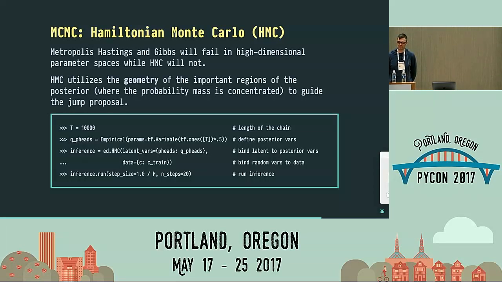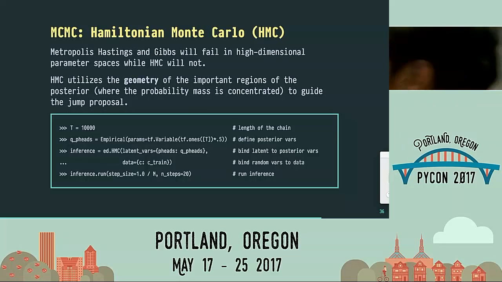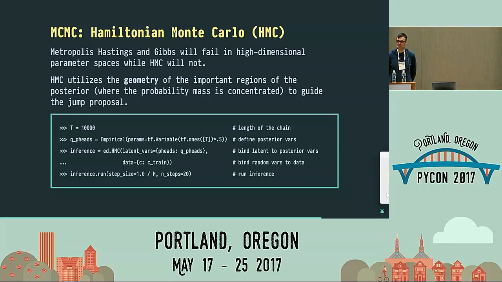One thing I told you before is that Edward very much places emphasis on composition. So all the things you work with are compositional. You have these probability distributions, so you have the beta and you plug it into Bernoulli. The composition here is basically you plug this in and you build this graph. And inference itself in the software is also very compositional.